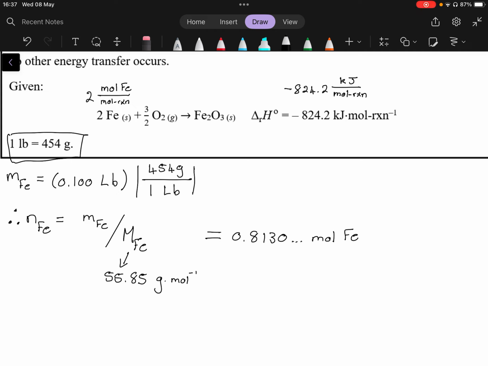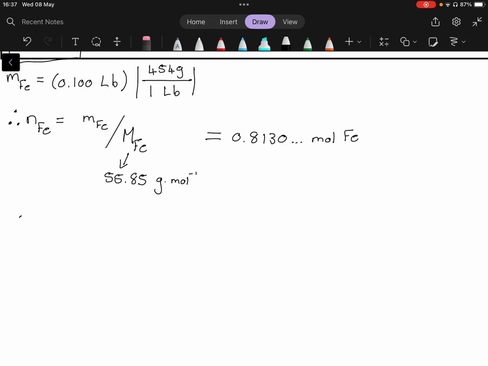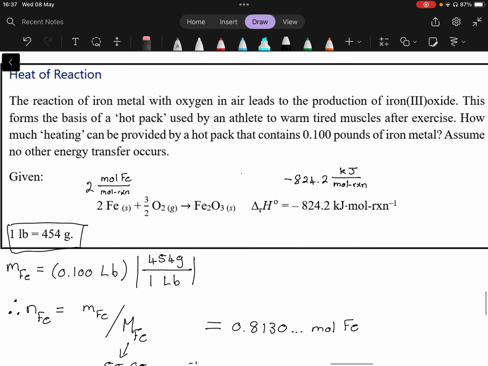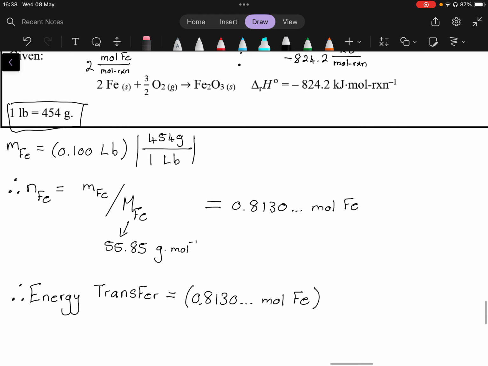Now we have 0.8, so how much is that equal to? So the basic thing that you can write, you can say therefore the energy transfer is equal to the amount of iron, and remember, a chemical equation gives us the ratio.